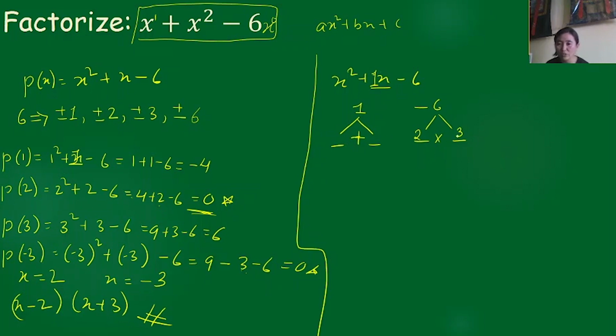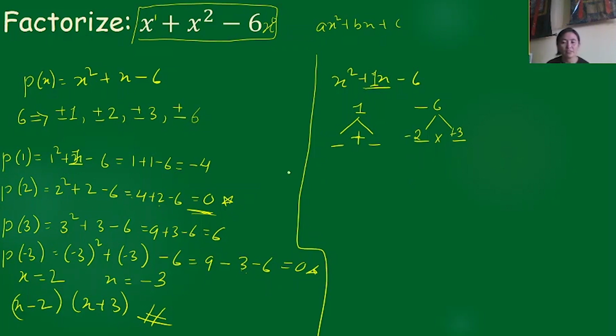So which number are you going to assign the negative sign? To assign the negative sign, you have to look at the middle term. Here the middle term is positive. So for the greater number you assign positive sign, and for the smaller number you assign negative sign.